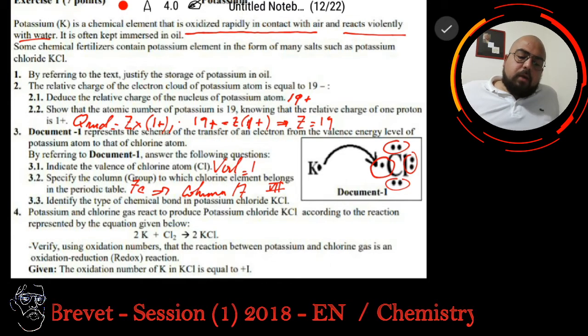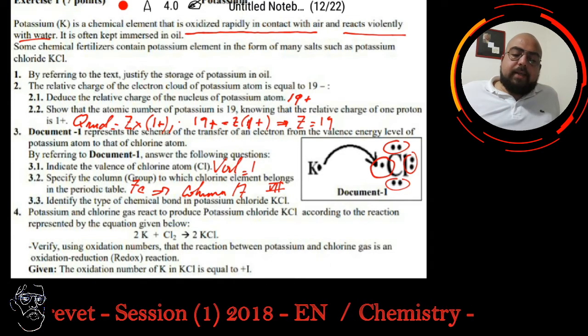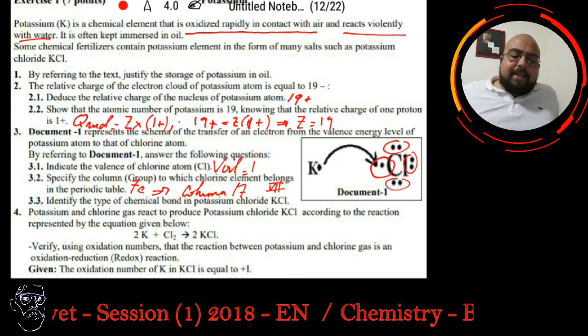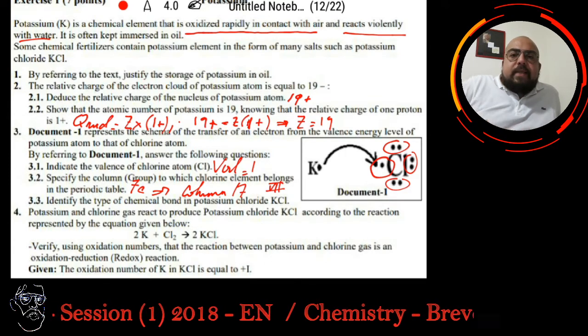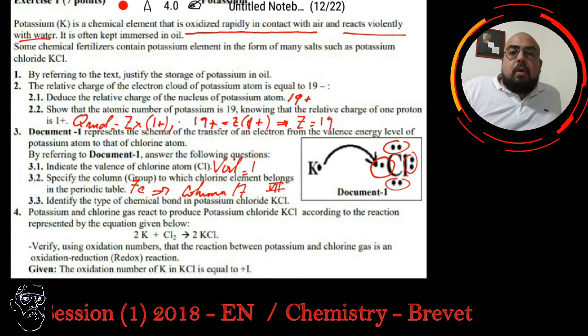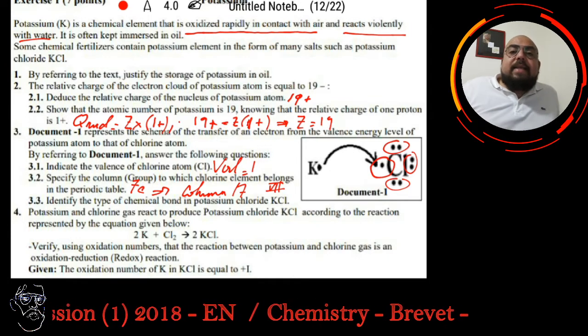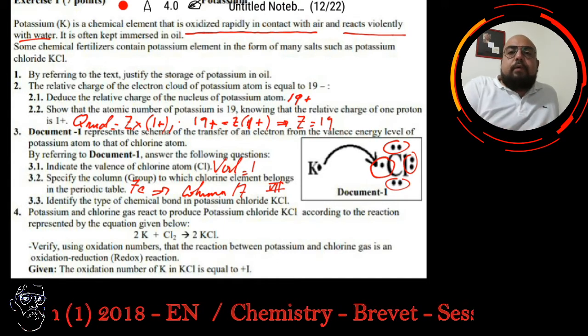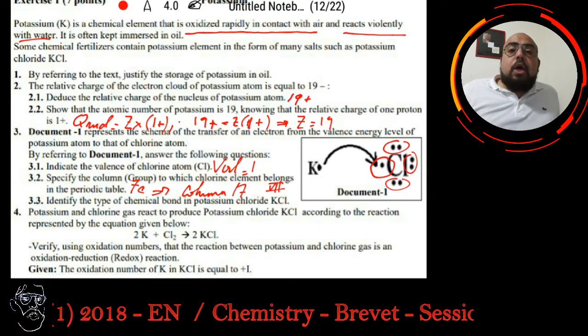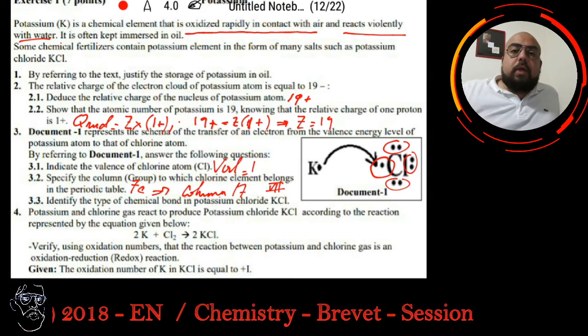Identify the type of chemical bond in potassium chloride, KCl. They already said that there is a transfer of electron. So K is losing one electron and Cl is gaining that electron. One of them is losing, the other one is gaining, just to obey the octet rule.